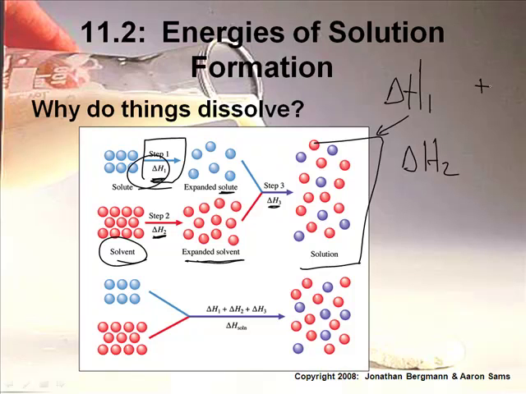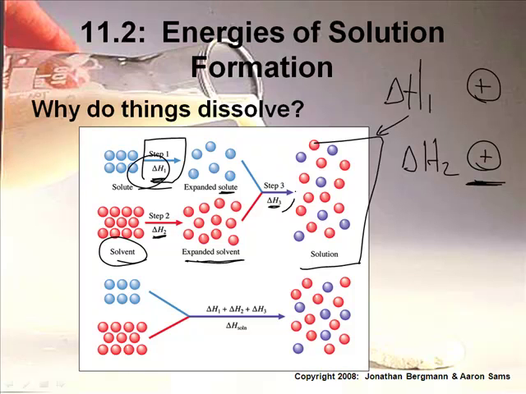Now both of these will always be endothermic, meaning it requires energy to expand the solute, essentially to break the bonds of the solute to itself, and the same for delta H2, so it will always be endothermic. I said exo, I meant endo, and I wrote positive. It is endothermic.